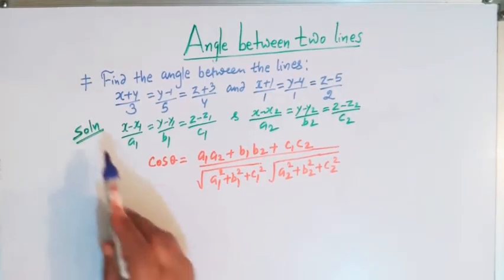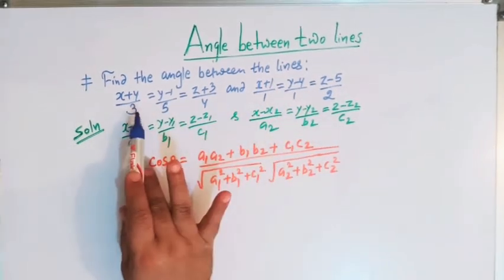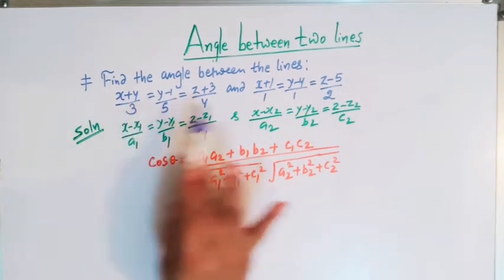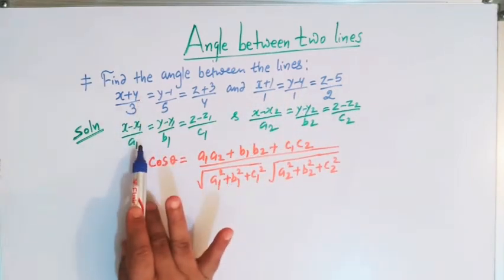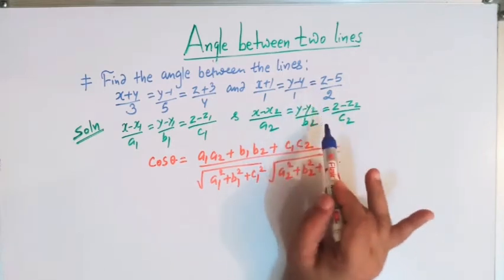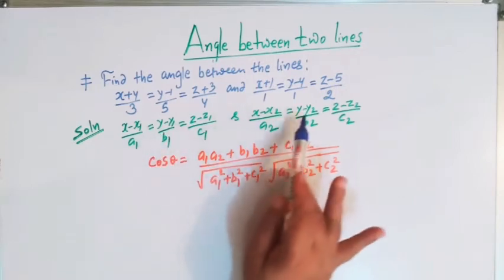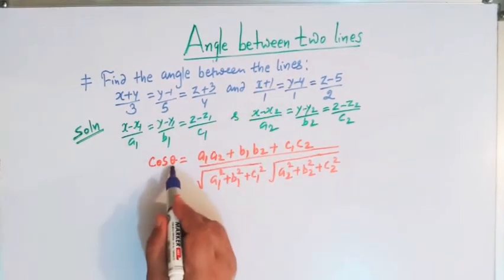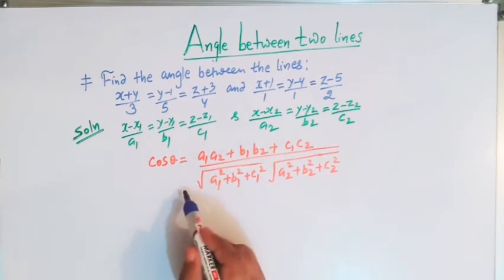Now viewers, let us find the angle between these two lines. So here this is line 1, this is line 2, and we will compare this line with this standard form, and we'll compare this line with this standard form. And we know that the angle between these two lines is theta, and cos theta is given by this formula, right?